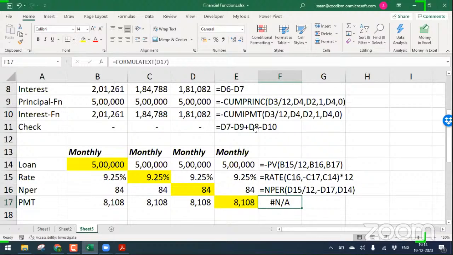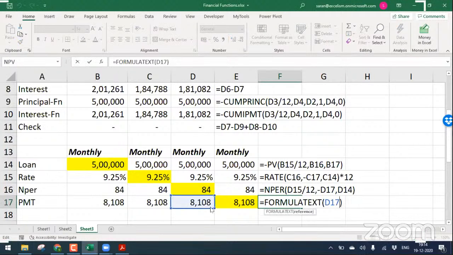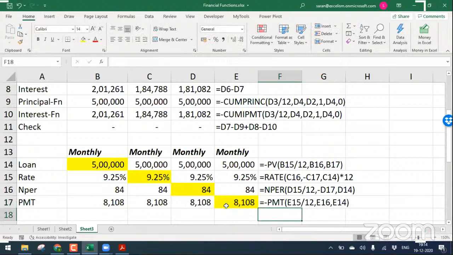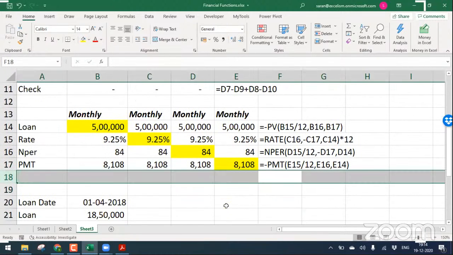All four functions you can see here. If this is missing, the remaining three are the inputs, and so on. So let me copy this and paste it. Oops, what happened? Sorry, because there's a formula, the formula must go into this one. Yes. This calculates present value, this calculates rate, this calculates number of periods, and this calculates the PMT.